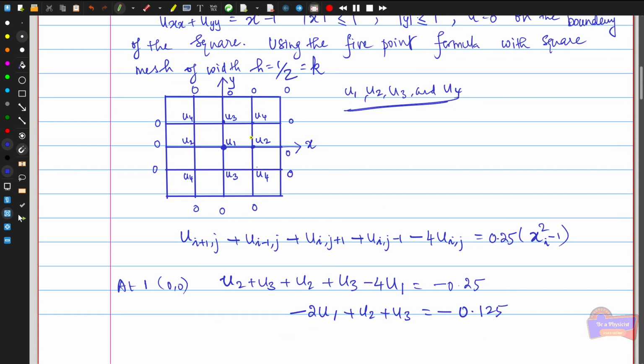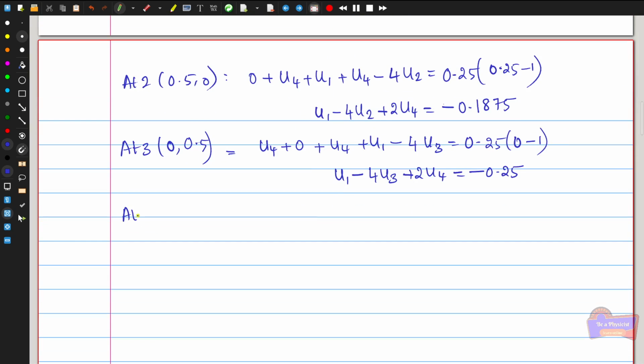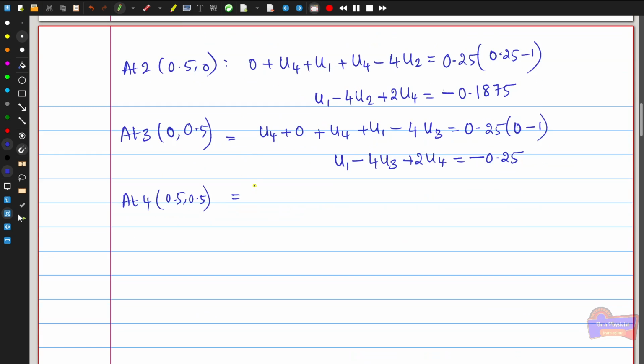Similarly, if you move to the next point, at this point both the x and y values are incremented by 0.5, so at point 4 you get (0.5, 0.5). At this point you can find the values 0, 0, u3 and u2. I can substitute the values here.